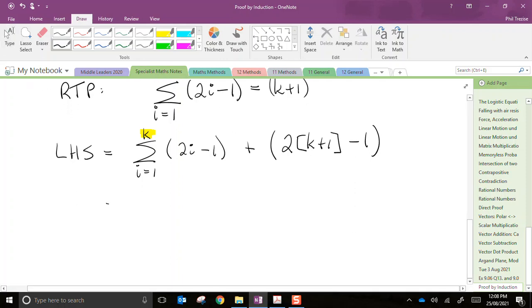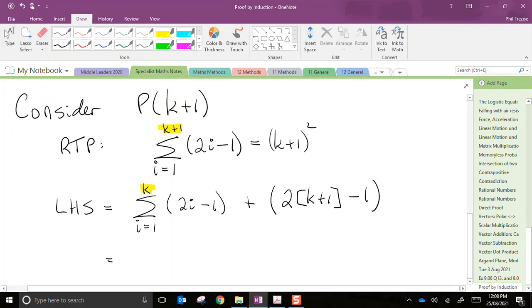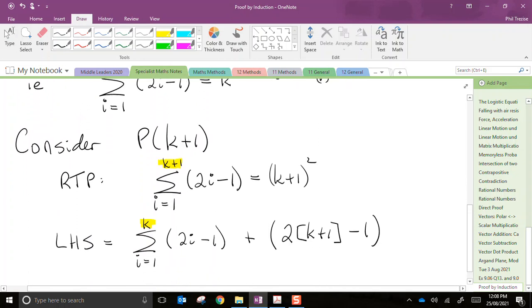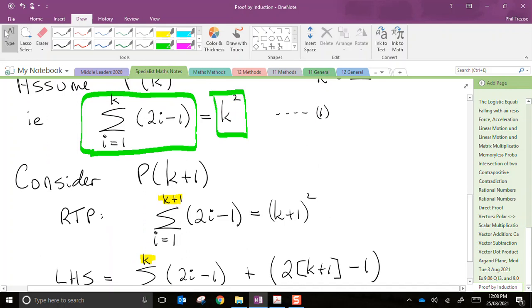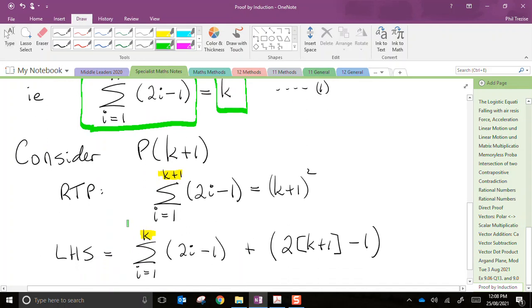Now, here's the inductive step, or the use of the assumption. We made the assumption that this expression equals k squared. And that's exactly the expression we have here.